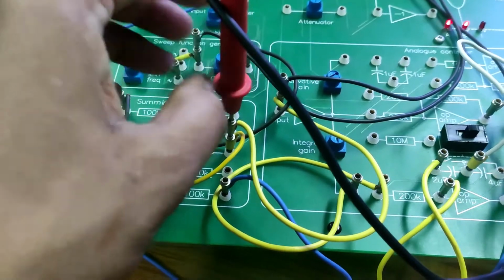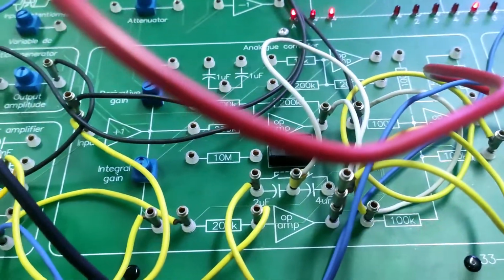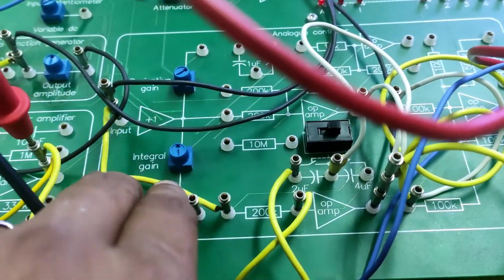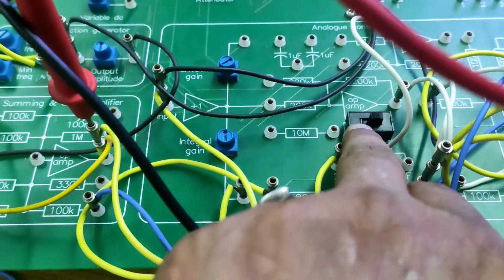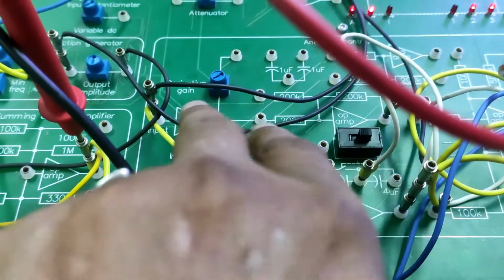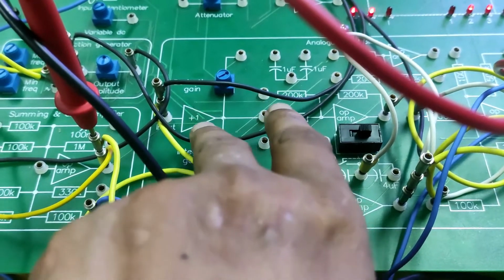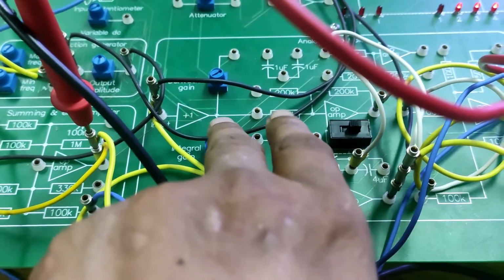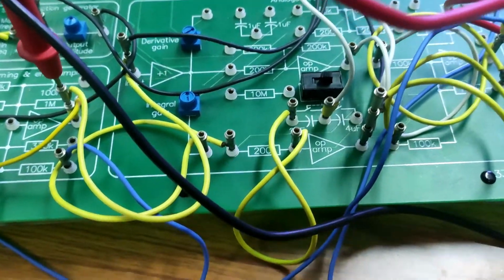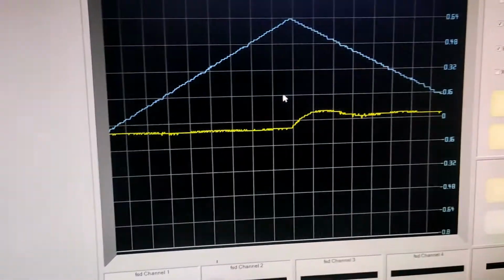Currently the integral control capacitor is in discharge mode, so only the proportional controller is connected with one positive effective gain. Now see the behavior.